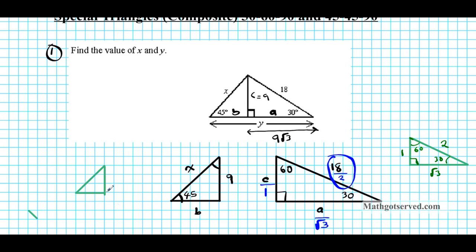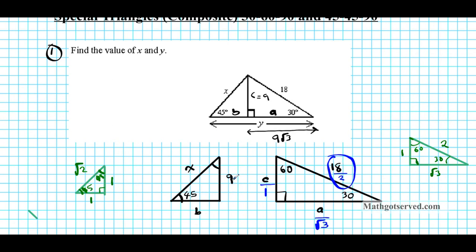This is 45, this is 45, and that's 45. Opposite the 45s, we have 1, so this is a 1, and this is a 1, and opposite the 90 degrees, we have root 2.